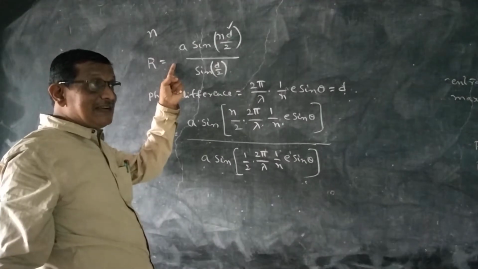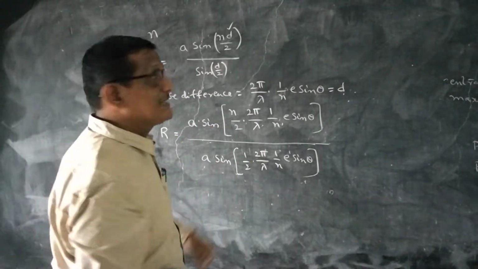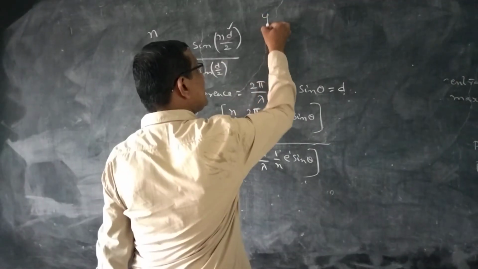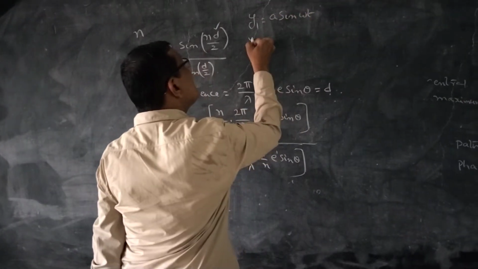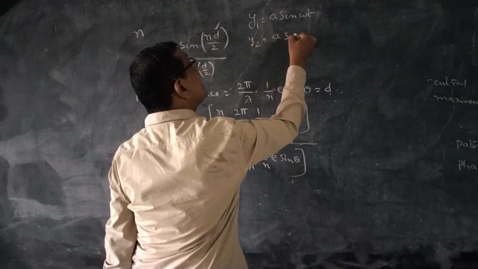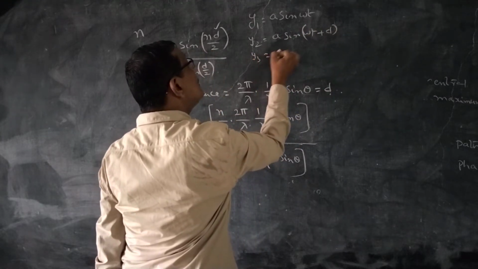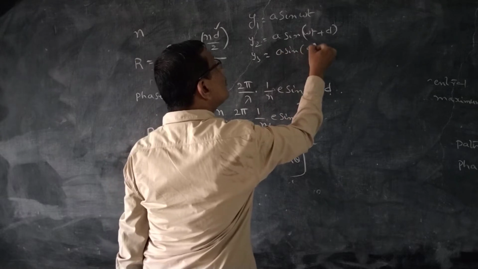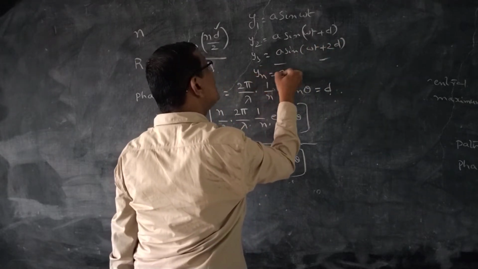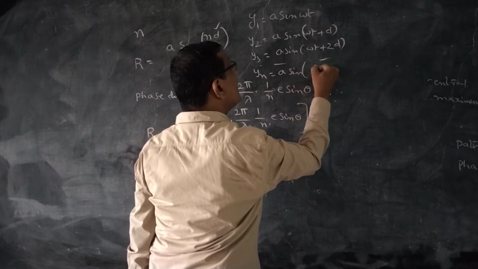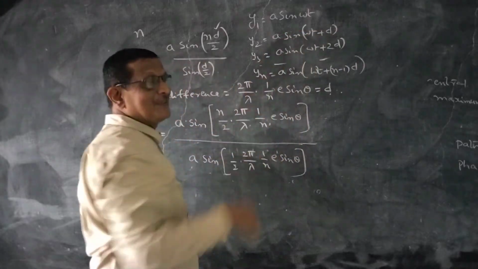Here it is the resultant amplitude of n sinusoidal displacements. Those n sinusoidal displacements are represented as y1 = A sin ωt, y2 = A sin(ωt + d), y3 = A sin(ωt + 2d), and so on, up to yn = A sin(ωt + (n−1)d).